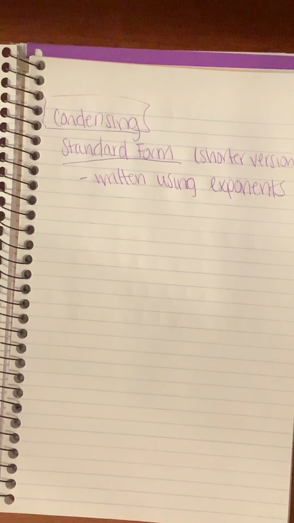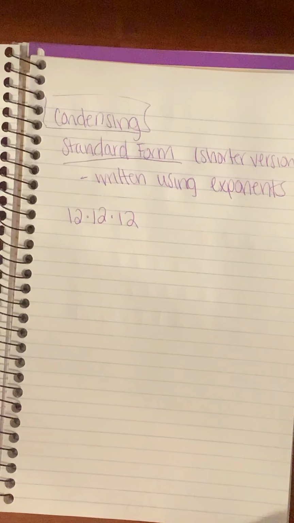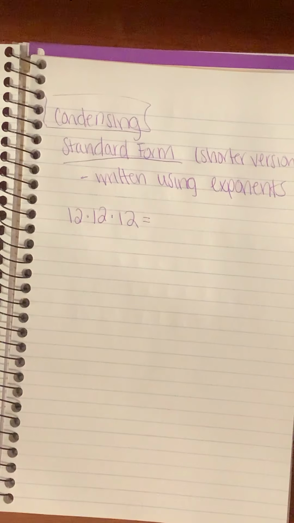So here is the cool thing about condensing. It is the opposite of expanding. So when we condense, we might start with something that looks like this. I have 12 times 12 times 12. And now I need to figure out how to write that in my condensed form using exponents.